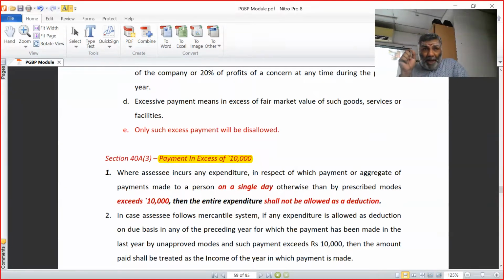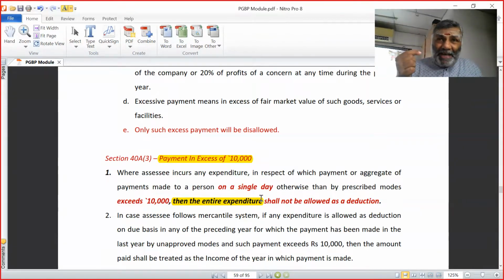Where it is paid through unapproved modes, the whole of such payment will not be allowed as deduction. It is not the excess, here the entire expenditure will not be allowed as deduction.